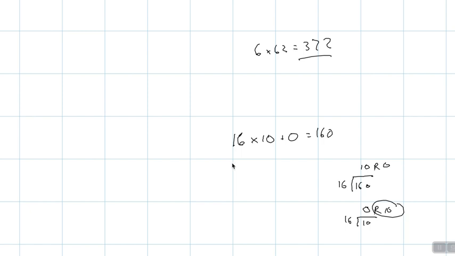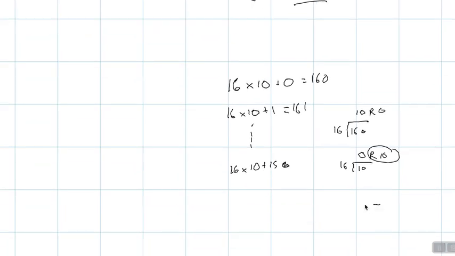So any case from 16 times 10 all the way to 16 times 10 plus 15 will all not be numeric, and you can test it.